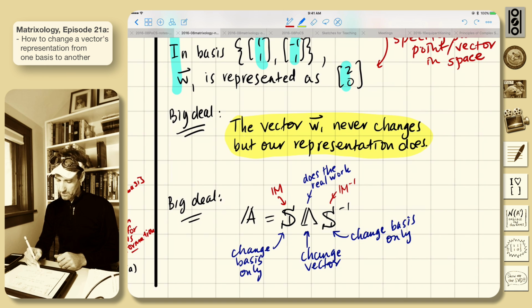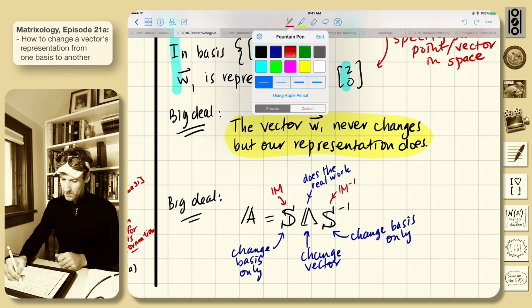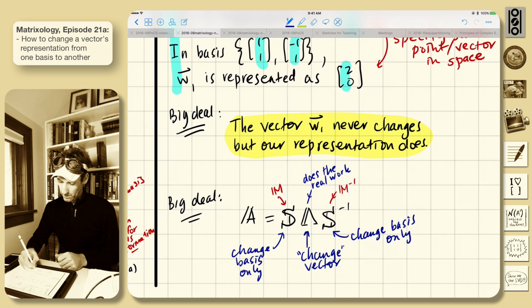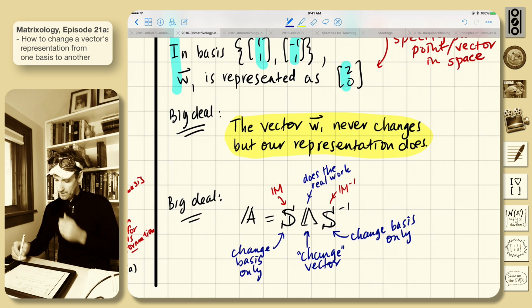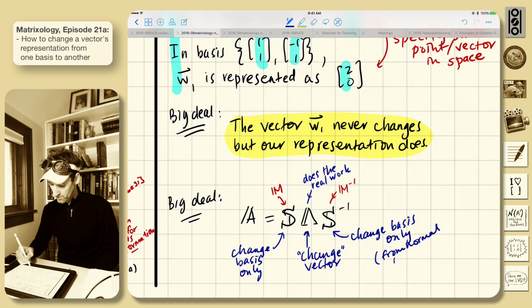And this, I've called it a change vector, is the one that does the actual work, the stretching and shrinking or whatever it is. This changes basis only, from normal to eigenvector.